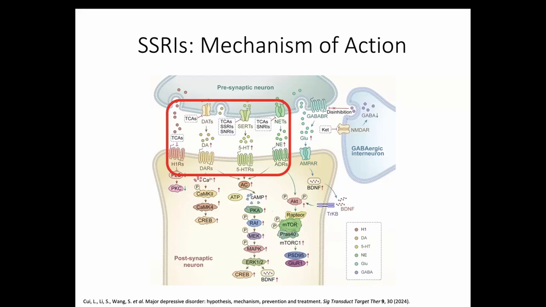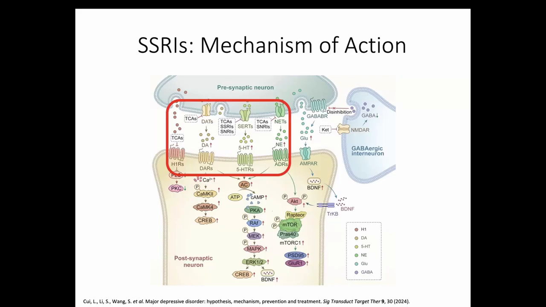So here, simply, you can see that in the middle of that red circle it says SSRI, which means that SSRIs basically impact the SERT, the serotonin transporter. How they work is that they inhibit reuptake of serotonin, which means that when serotonin is released into the synapse, it stays there. It cannot be reuptaken, and when it stays there, it continues to activate the next neuron.